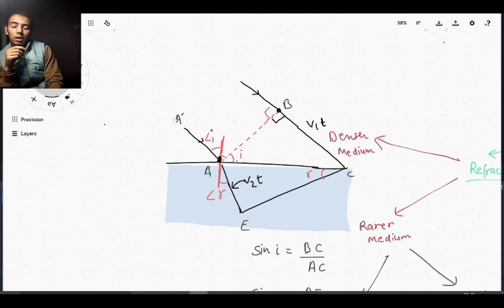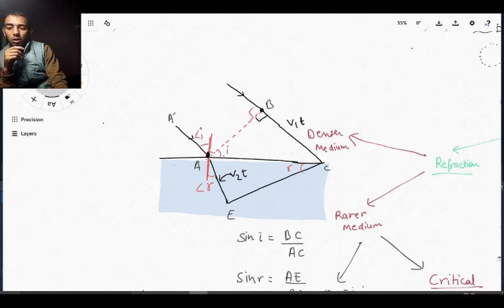The angle of incidence is angle i, and the angle of refraction is angle r. The light first touches the medium, so in there the speed of light will be v2 and it will be less, and in here the speed of light is v1.